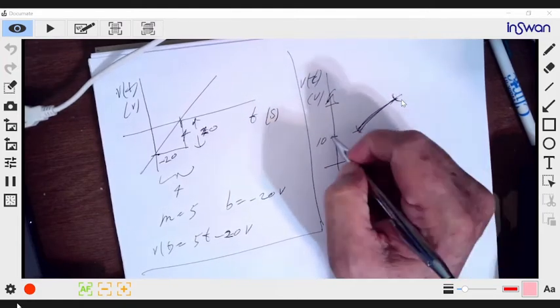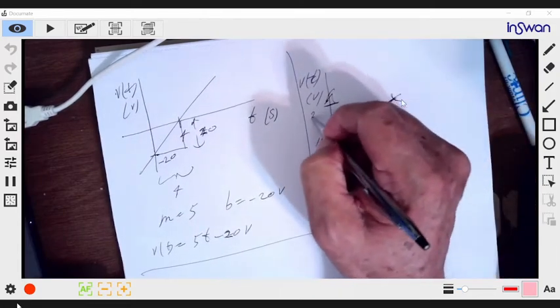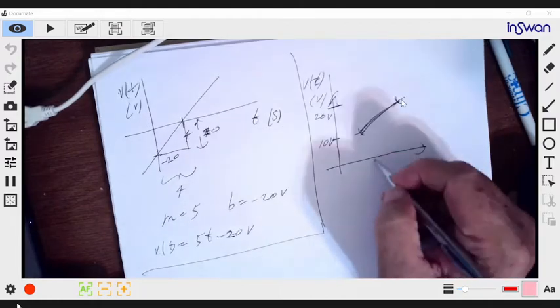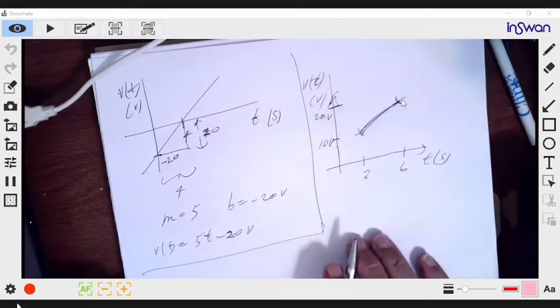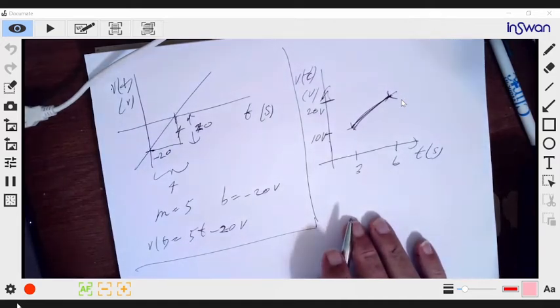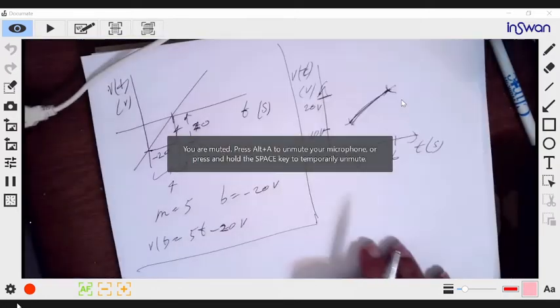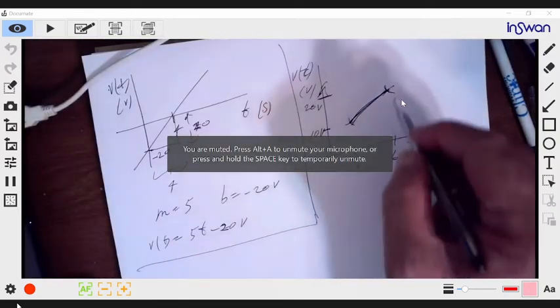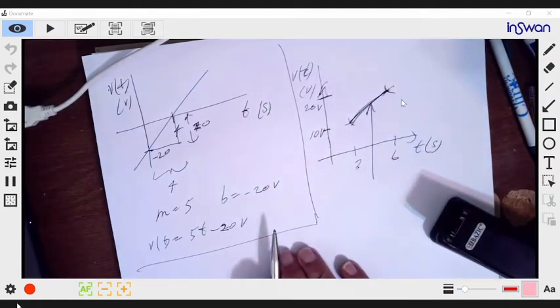This one is a little bit harder. What's the equation of this part of the curve? That's a straight line. What's the equation of that straight line?